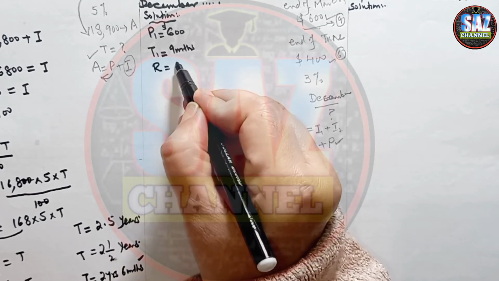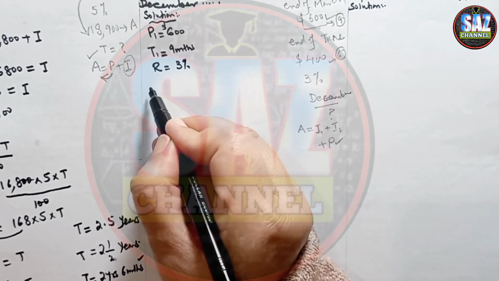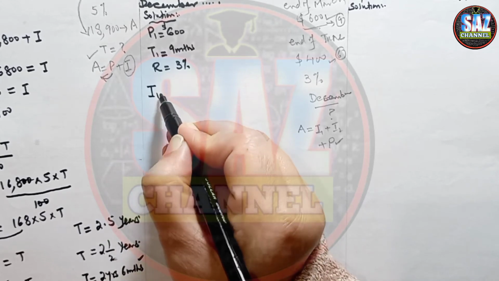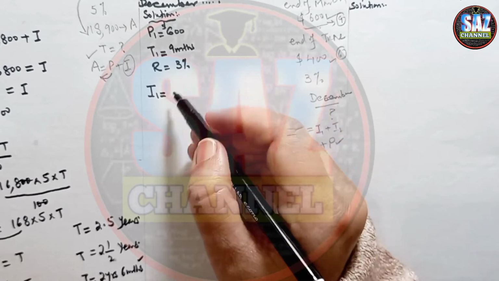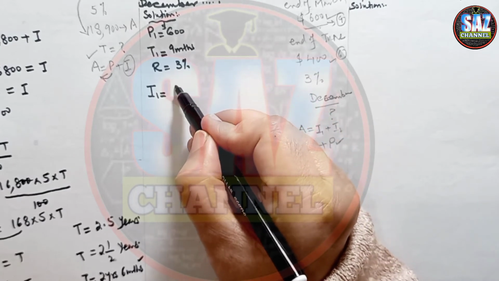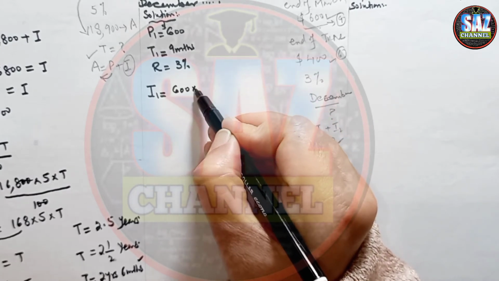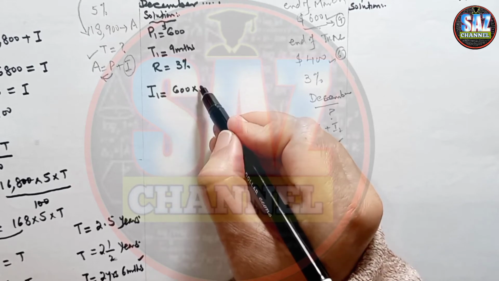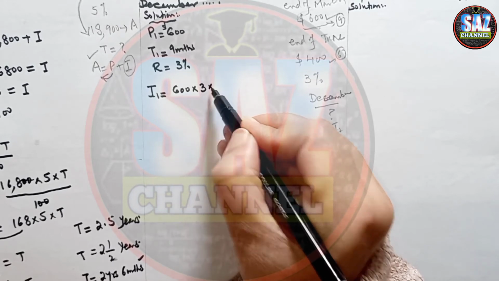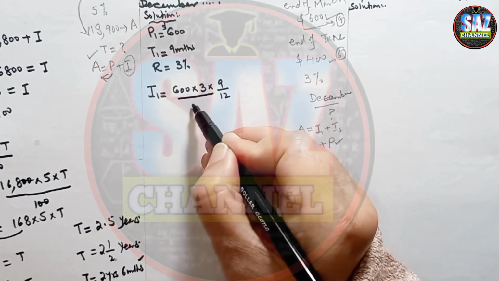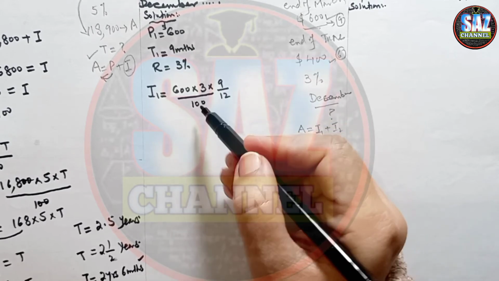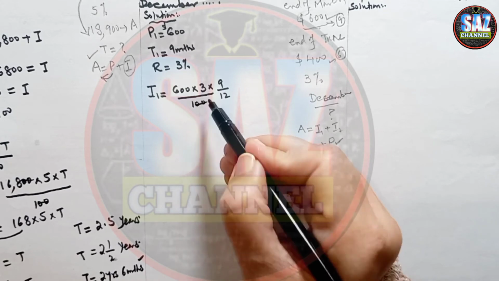The rate is the same, 3%. Now I have to find I1, that will be equal to P1 R T1, that is 600, this is the principal amount, then rate is 3%, time is 9 by 12, upon 100, and the zeros will go with these zeros.